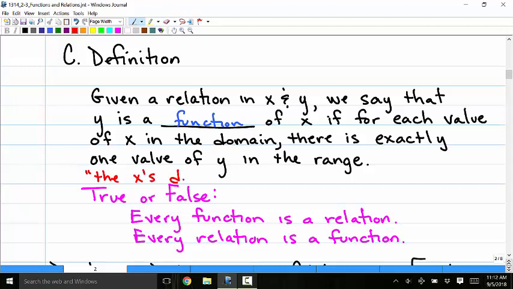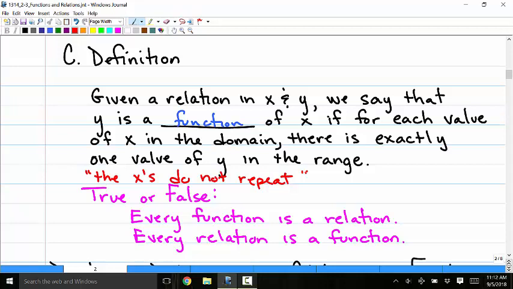So to be a function, first of all, it has to be a relation. And then it has a special condition on it that the x's can't repeat.